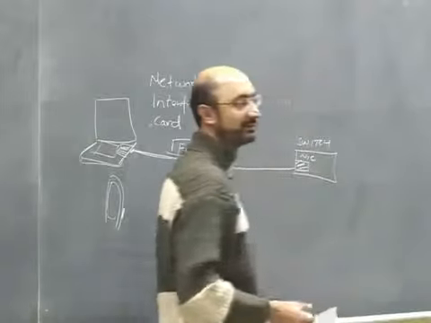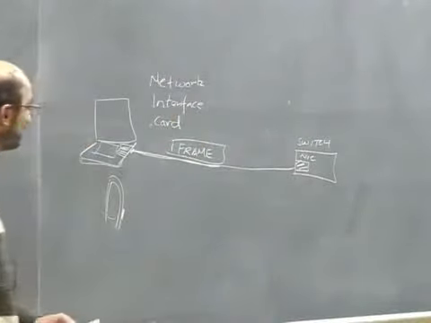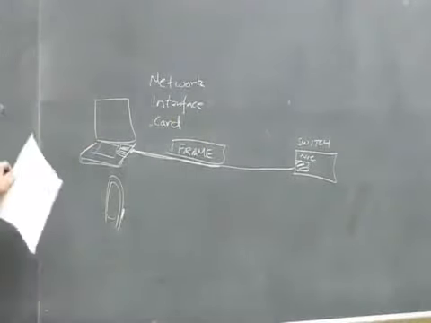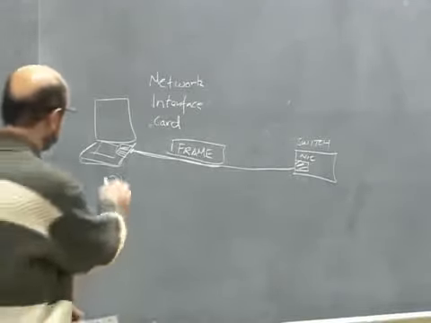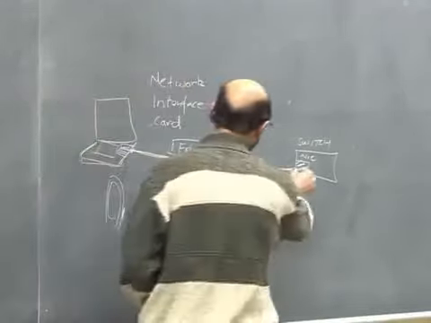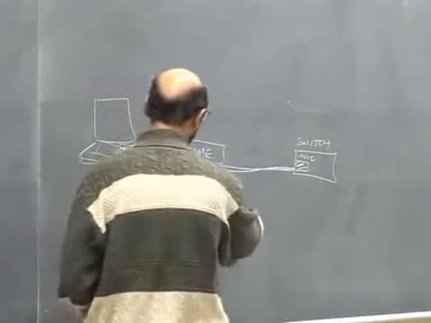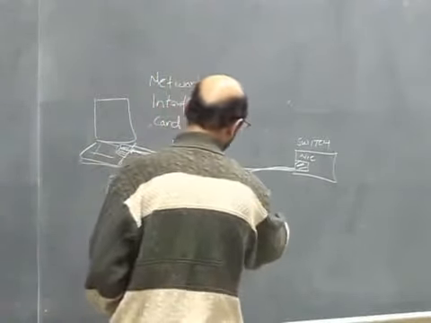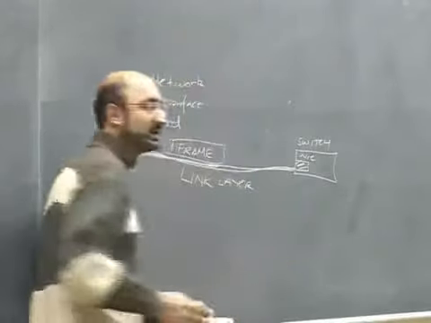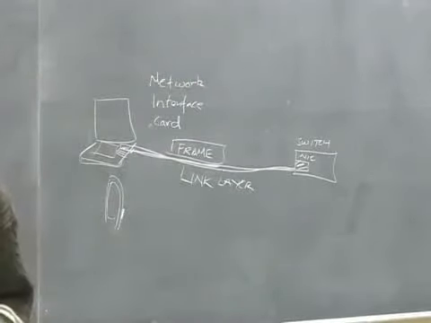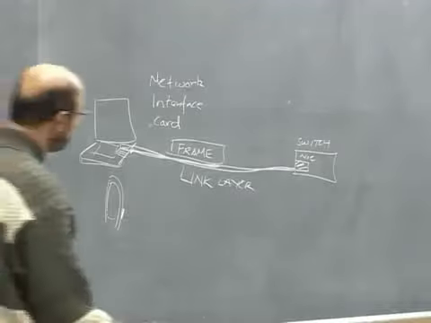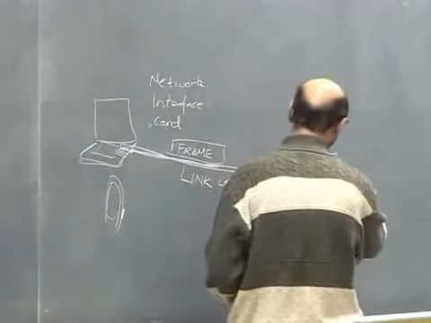And as usual, we'll abbreviate that NIC, as we call it. And so that switch network interface card is talking to this host network interface card. And what they send to each other are these frames. And this is what the link layer does, basically. The link layer is responsible for the communication that happens between these two NICs. It's basically as simple as that. Now, the switch, in turn, will have multiple NICs, one per port.